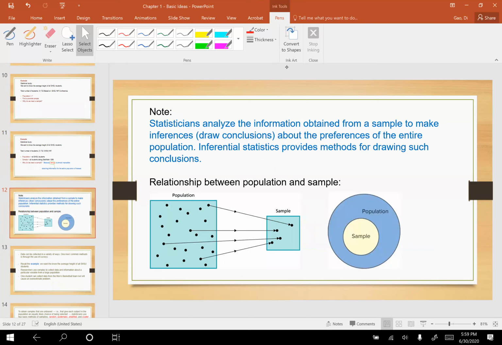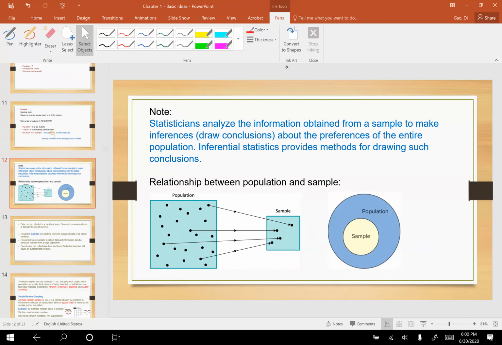Now let's look at the relationship between population and sample, and again a conclusion about inferential statistics. Inferential statistics deals with something of interest that we really want to know, but we don't know the population information.